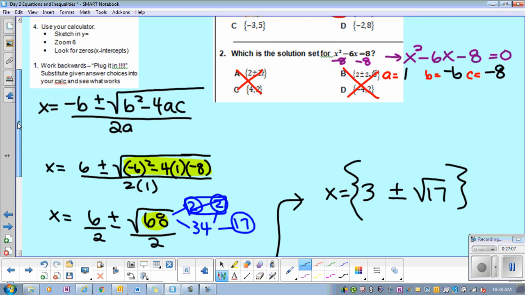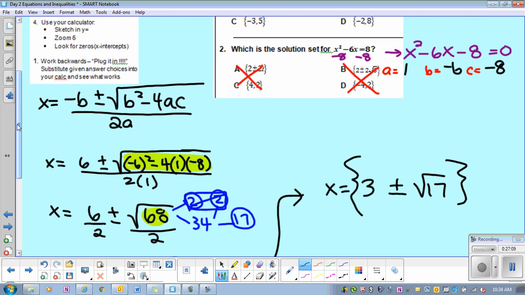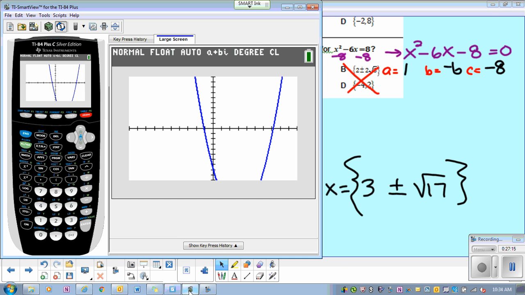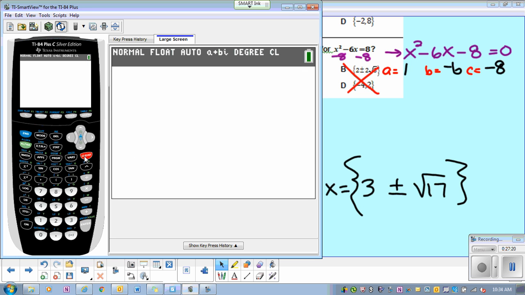Here's the thing. If I want to double check that that is the answer, I can store it. So watch what I'm going to do. In my calculator, I'm going to put in 3 plus square root of 17. Since it's plus or minus, you can't put in both, so just put in the plus one. Store it for x.